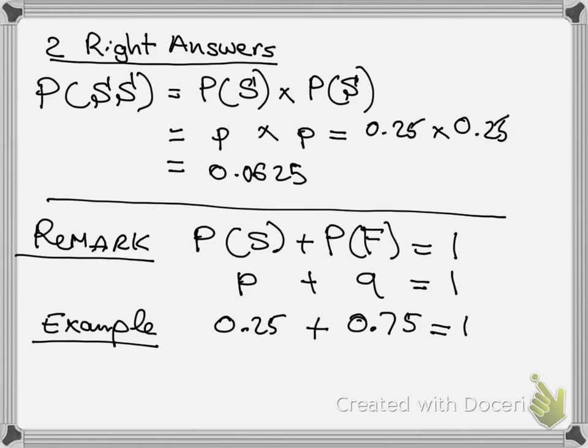Now, in general, we have a formula to compute the probability of R successes out of n trials. So the general formula is the following.